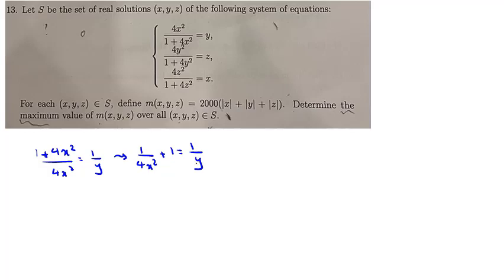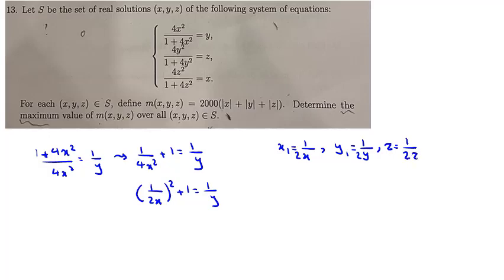So we consider, for example, x1 is 1 over x, y1 is 1 over y, and so on. To get rid of this 2, we can consider x equals 1 over 2x1, y equals 1 over 2y1, and z equals 1 over 2z1.